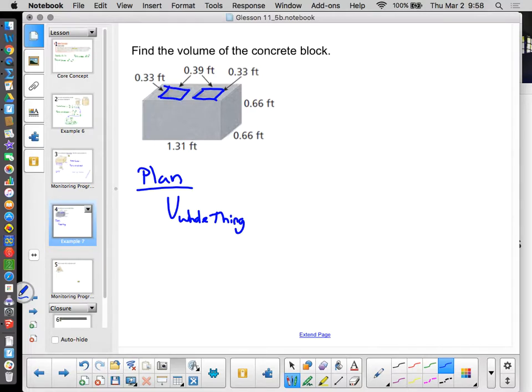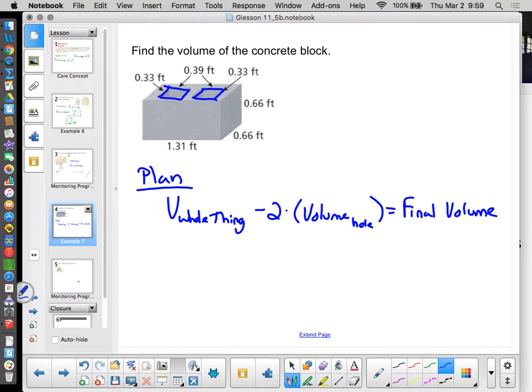So I'm going to take the volume of the whole thing, and subtract 2 times the volume of a hole. And that'll be my total volume. So before I even begin, I have to make sure I have a strategy, know how I'm doing it, and then solve each piece and add and subtract as necessary to find the final answer.